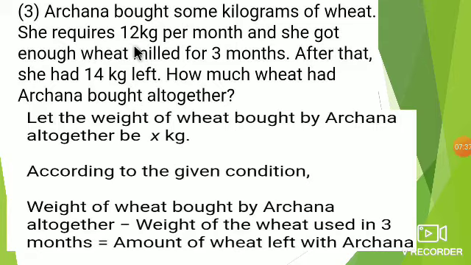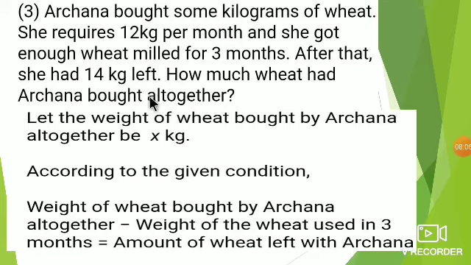And she requires 12 kilogram per month. And she got enough wheat milled for 3 months. So, in 1 month, 12 kilogram. In 2 months, 24 kilogram, 12 2s are 24. And in 3 months, 12 3s are 36 kilograms. After that, she had 14 kilograms left.